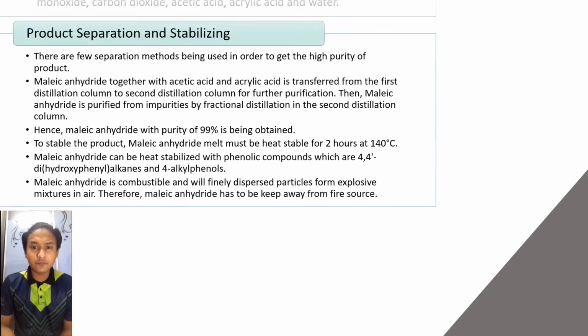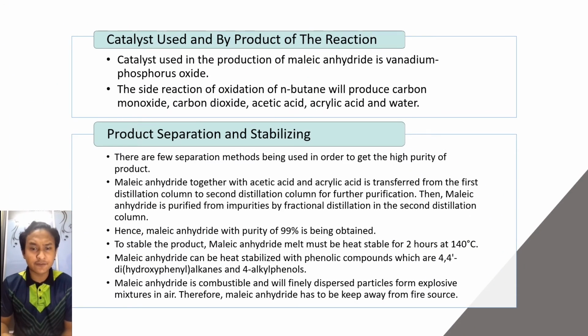In the production of maleic anhydride, vanadium phosphorus oxide is used as the catalyst. The side products of oxidation of butane are carbon monoxide, carbon dioxide, acetic acid, acrylic acid, and water. There are a few separation methods used in our process in order to get a high purity product.